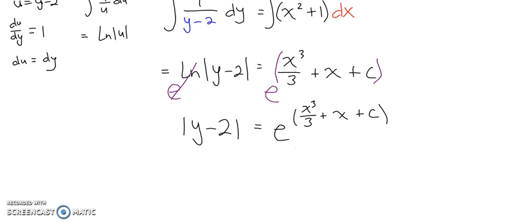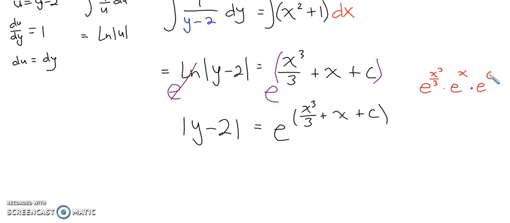The right side is just e to the x cubed over 3 times e to the x times e to the c.